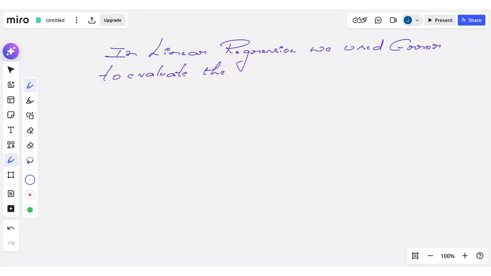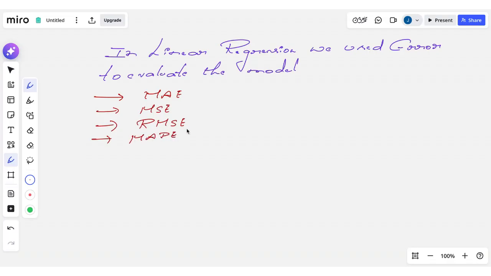Yeah, sure. In linear regression, we used error to evaluate the model. Based on that error, we had different metrics. So metrics used for evaluating regression are completely different. We used mean absolute error, mean squared error, RMSE, mean absolute percentage error, and then we used R2 score as well as adjusted R2 score.